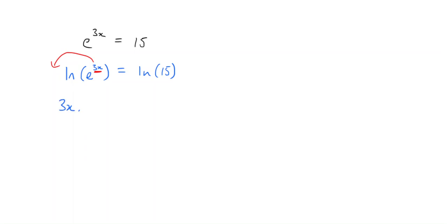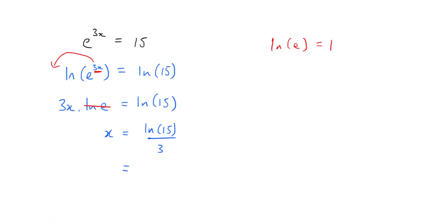So we get 3x ln e is equal to ln 15. And now you should remember that ln e will equal 1 because it's log base e. So we end up with x is equal to ln 15 divided by 3. I can do that in my calculator: ln 15, close bracket, divided by 3. And I get 0.90.